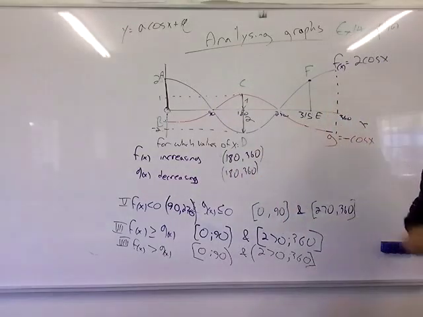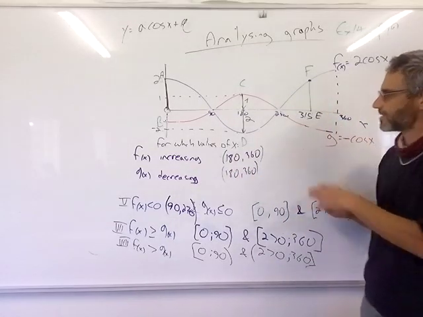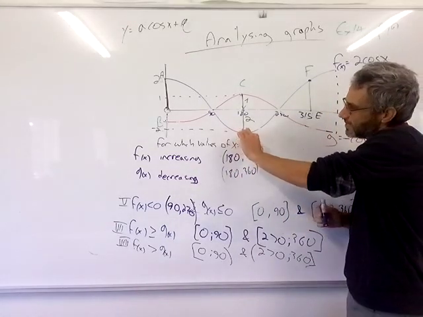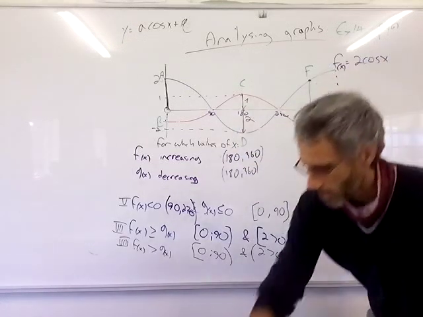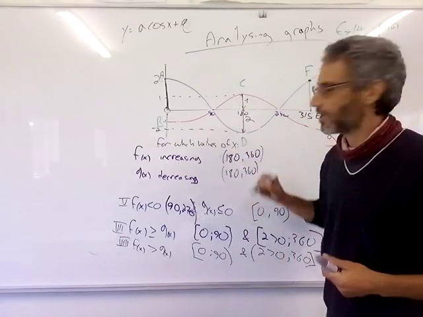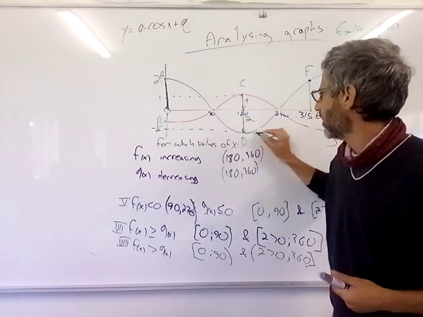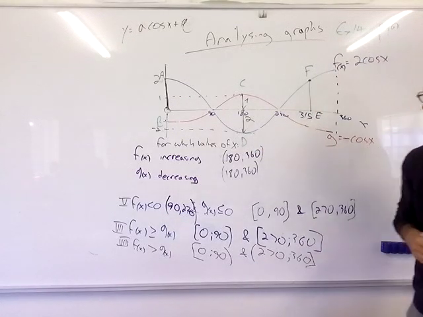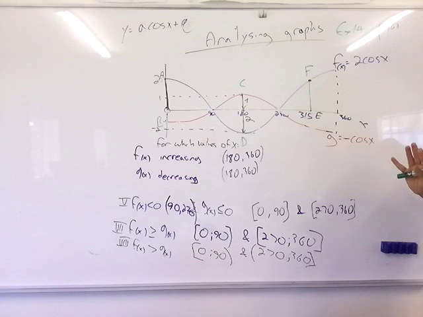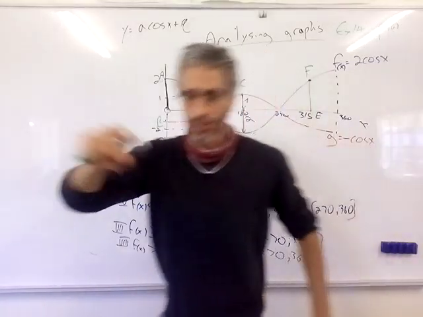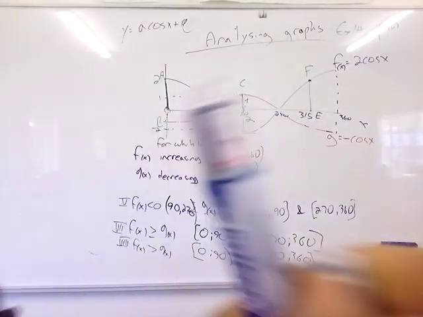Again, why am I doing round brackets and not square? Because at these specific points, you will learn later in calculus, it's really beyond that level now, that actually it's horizontal here. I'll pause here. You guys are going to practice it next lesson.